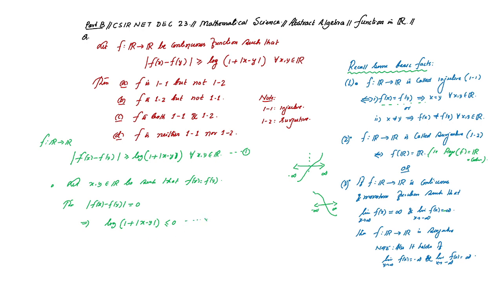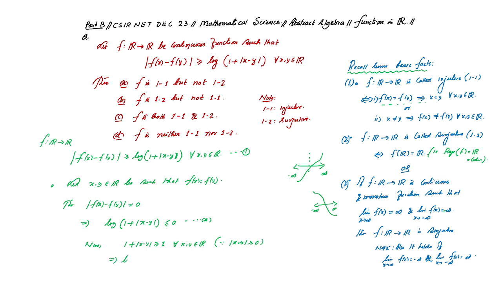So this is our single star. Now we can write 1 plus mod of x minus y is greater than or equal to 1 for all x, y belongs to R. Why? Because the modulus of any number is always greater than or equal to 0.